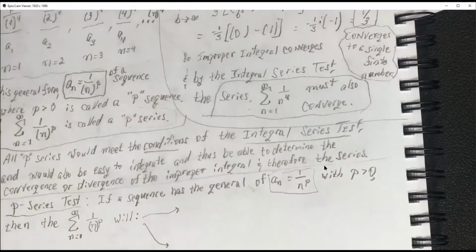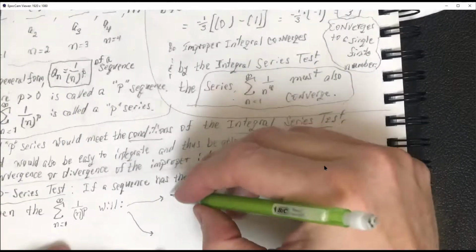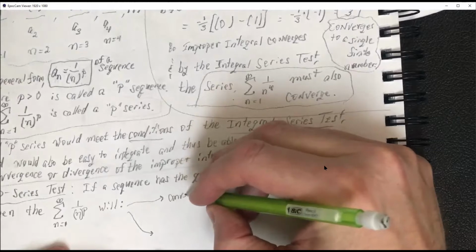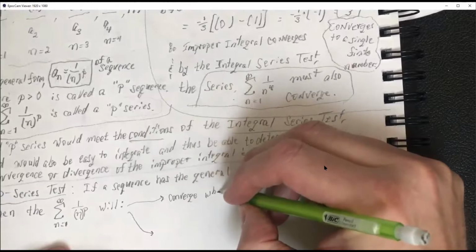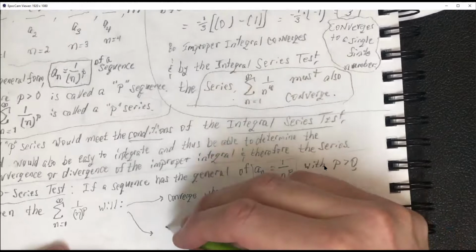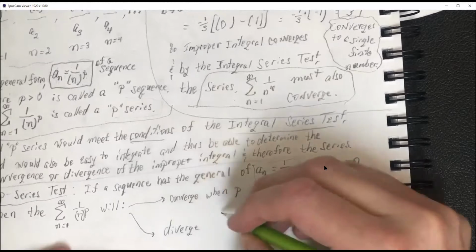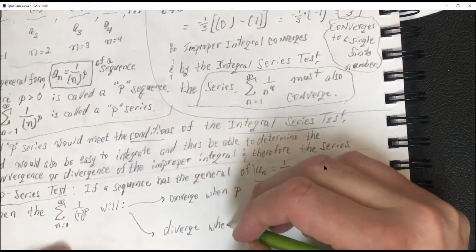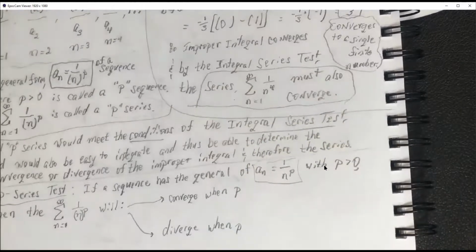When we add up the terms of a sequence, they're either going to converge or they're going to what? Diverge, okay? And it will converge when P is one kind of value, and it's going to diverge when P, which is a positive real number, is a different kind of number.